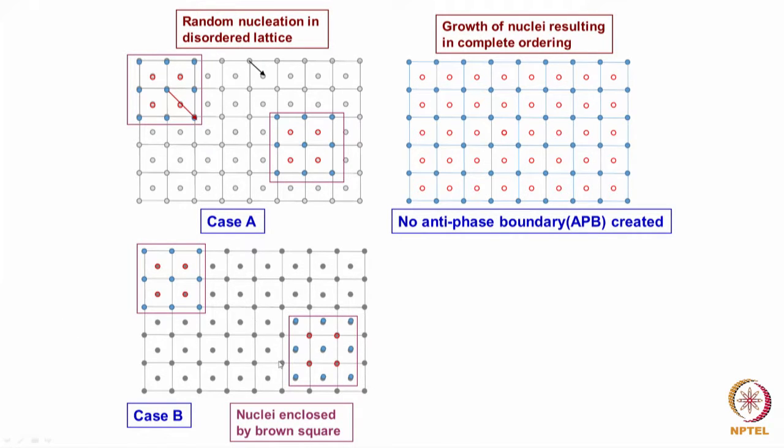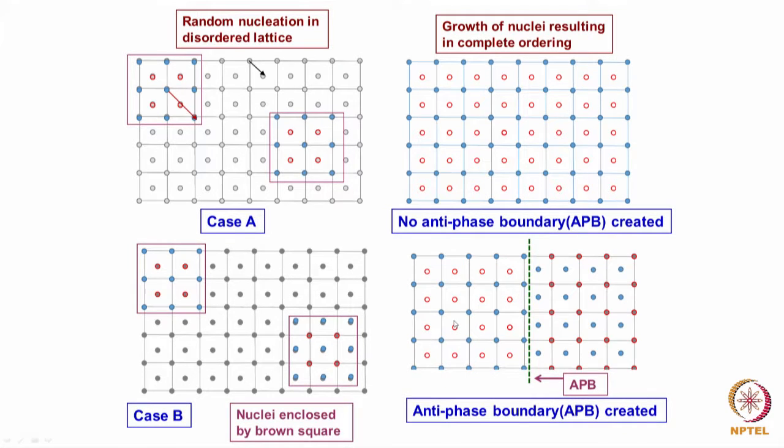These two nuclei grow and join together, then what happens? Now if we look at it, we can see that from this region to this region, if we go, the atom positions have interchanged.